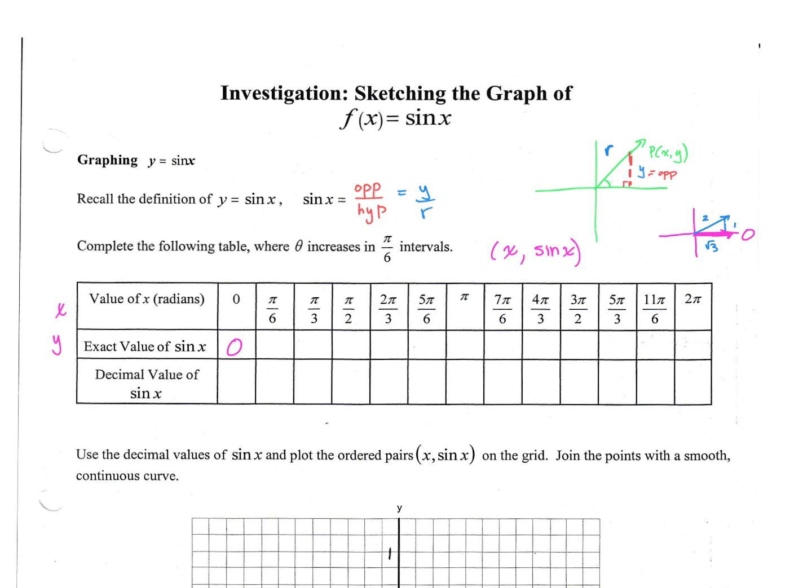Sine is opposite over hypotenuse, so my exact value will be 1/2. I'm going to continue to rotate to my pi by 3 angle. Across from my pi by 3 is root 3, and my hypotenuse is 2.